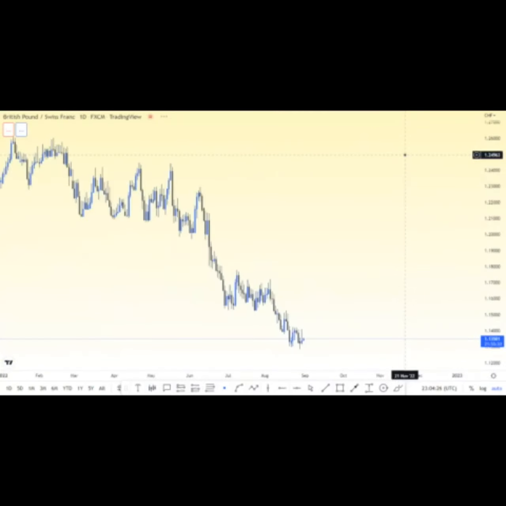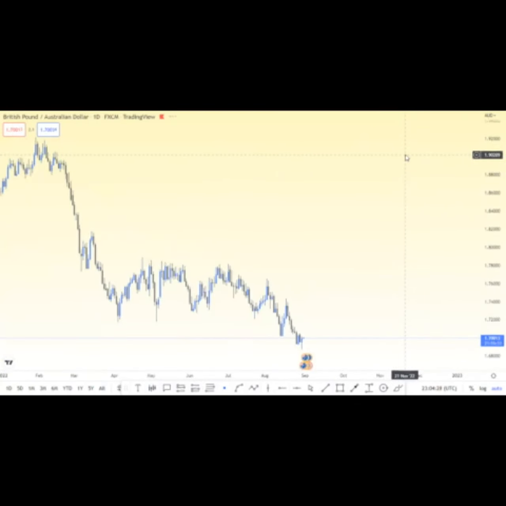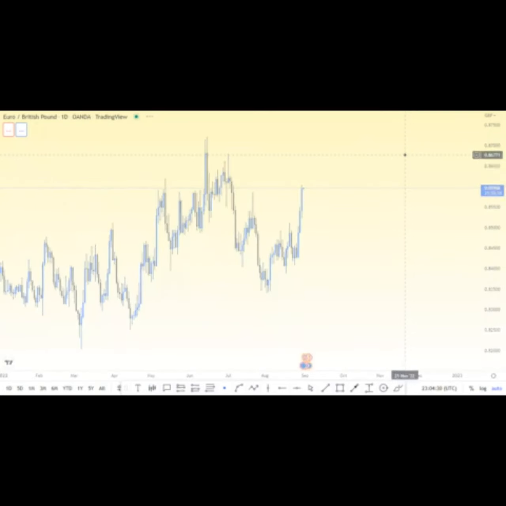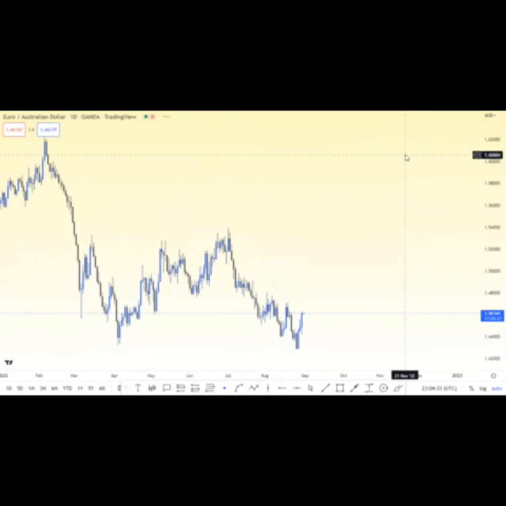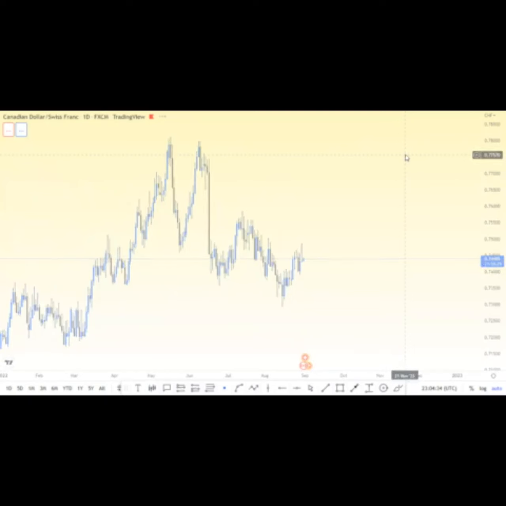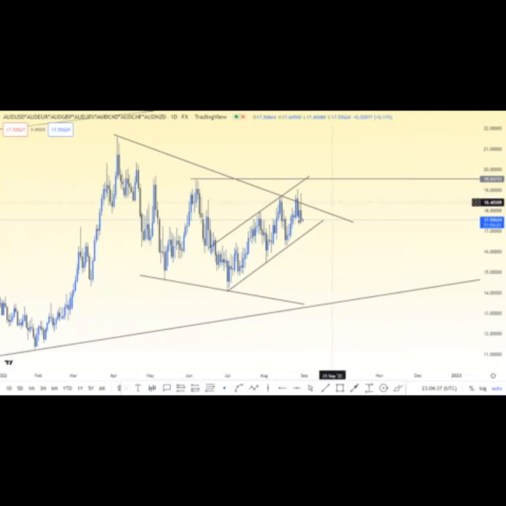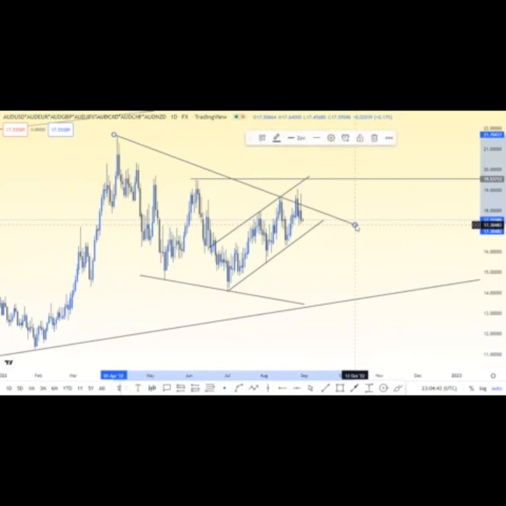What else? We can go to another fundamental currency. Okay, this is the AUD against every other pair, right? So basically we came trading up.